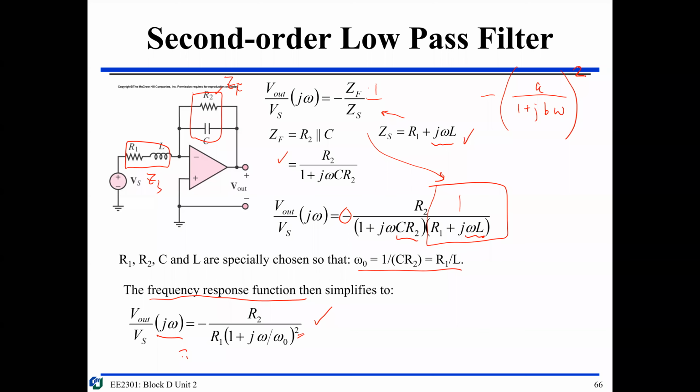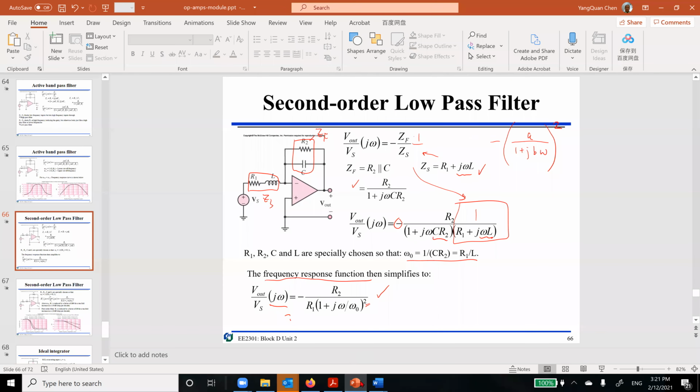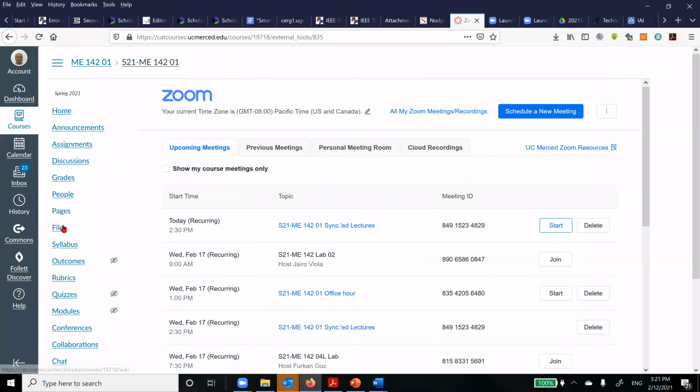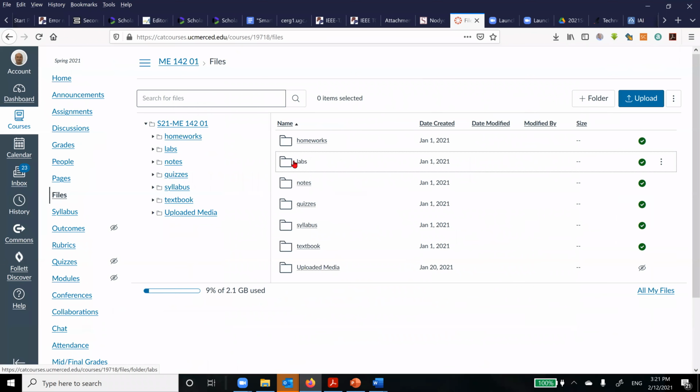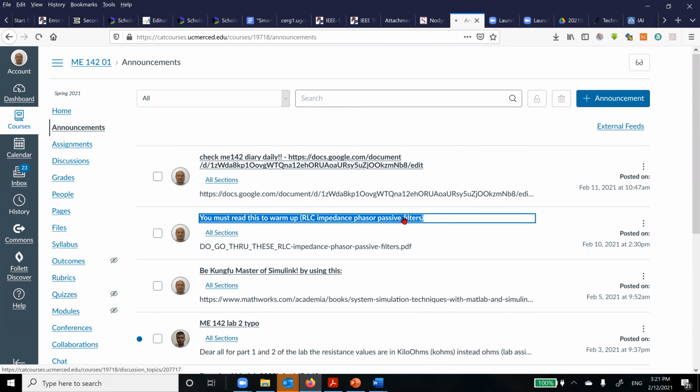If you ask the question I just asked, that means you need to read this file. I said you must read this to warm up: RL impedance, phasor, passive filters.